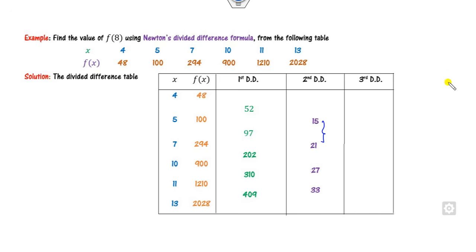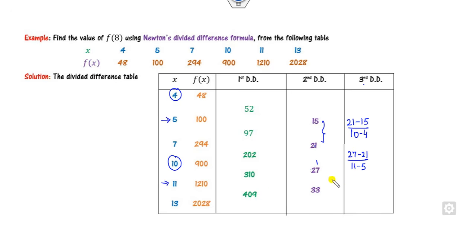Similarly, you can find this divided difference. You can formulate the table until you get 0. All numbers are constant. So this number will be 21 minus 15. Now it's the third divided difference. You start from here, and the third number is this one: 10 minus 4. Another is 27 minus 21 divided by 11 minus 5.